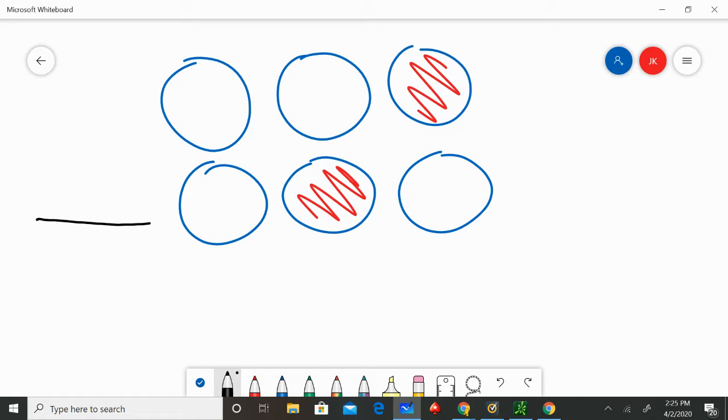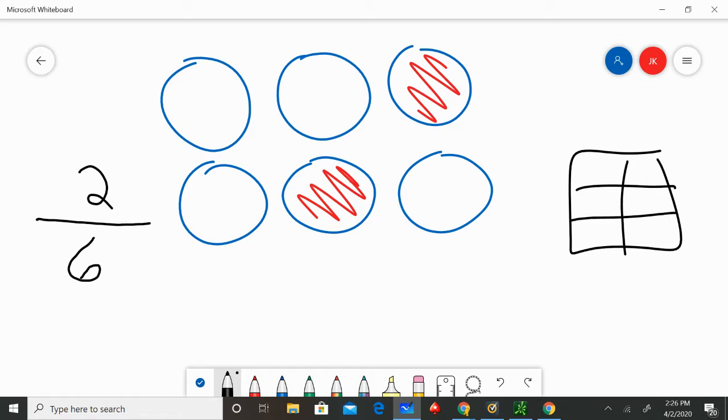That becomes my denominator, because that's the entire group I'm referring to. Now, how many are wearing a red hat? I count them out, and I have 2. So whether you're talking about a group or a shape, the answer would be the same.